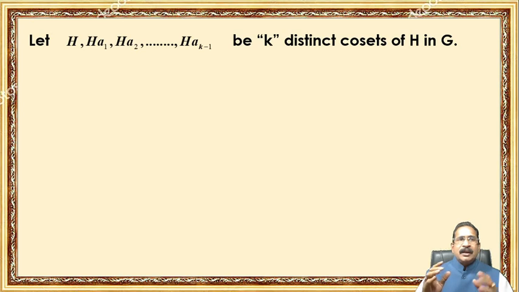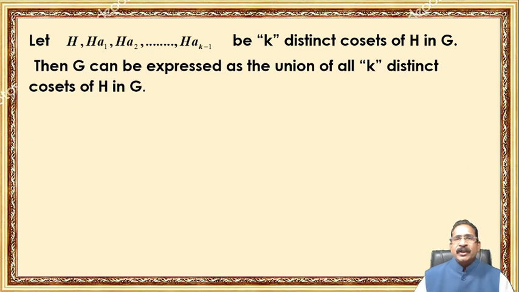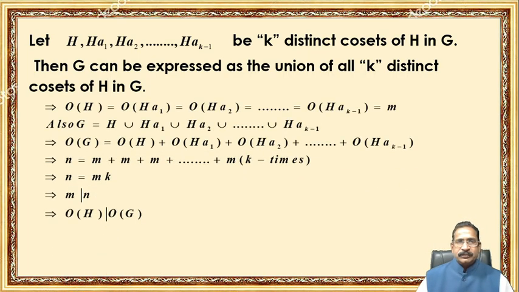So let H, Ha1, Ha2 and so on, Ha(k-1) be k distinct cosets of H in G. Then G can be expressed as the union of all k distinct cosets. Already I explained that the number of elements in a coset is the same as the number of elements in H. So order of H is equal to order of Ha1 is equal to order of Ha2 and so on; order of each is m.